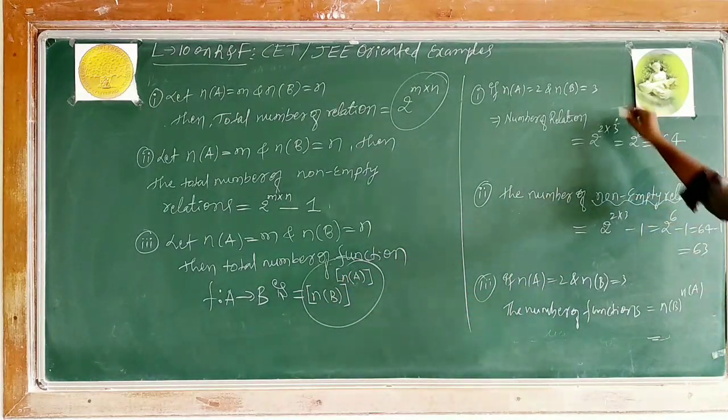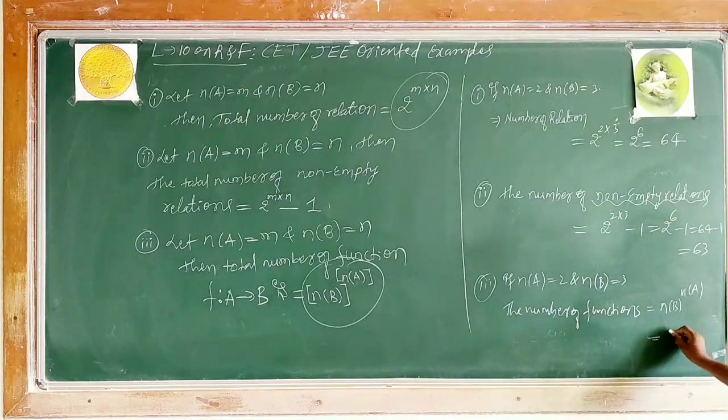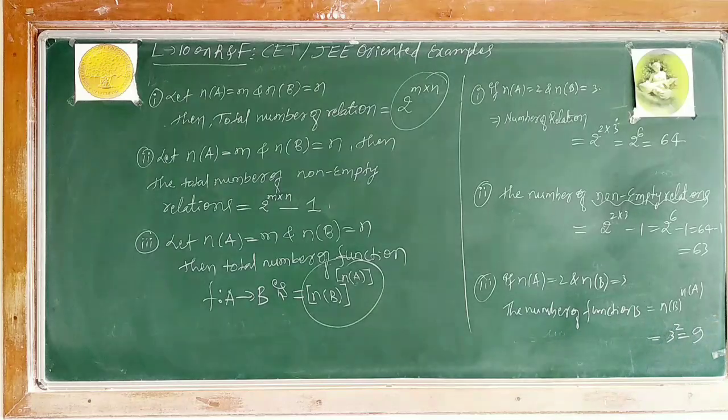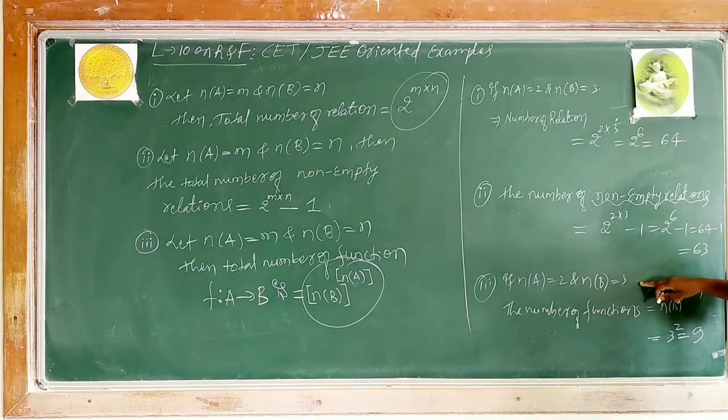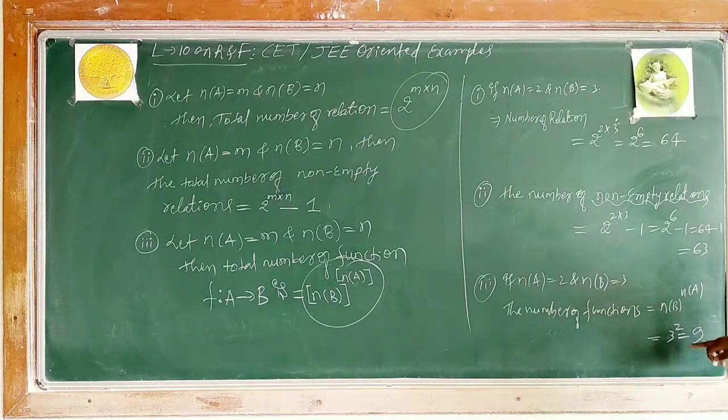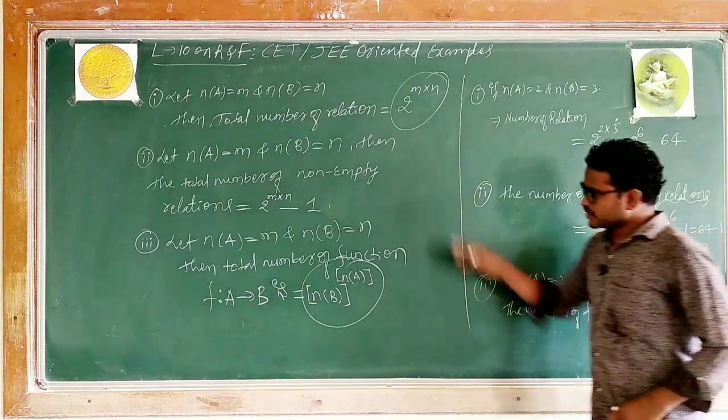N of B is how many elements here? 3 elements, so 3 square, 9. How many functions can we form? 3 to the power 2, means 9 functions we can form. You have to remember these 3 points.